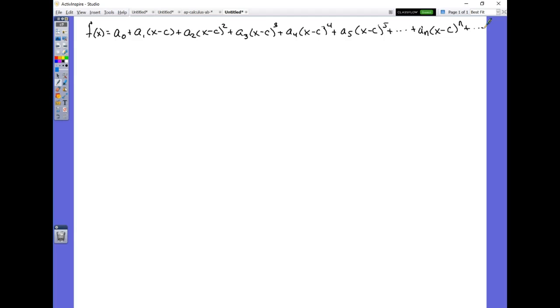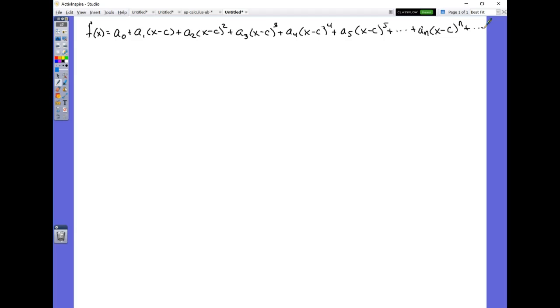What I'd really like to do is figure out what on earth a of 0 equals. So if I want to figure that out, I need to get rid of a1 times x minus c, a2 times x minus c squared, a3 times x minus c cubed, a4 times x minus c to the fourth, a5 times x minus c to the fifth. I need to get rid of every single term except for a of 0. The only thing I can manipulate is the x.